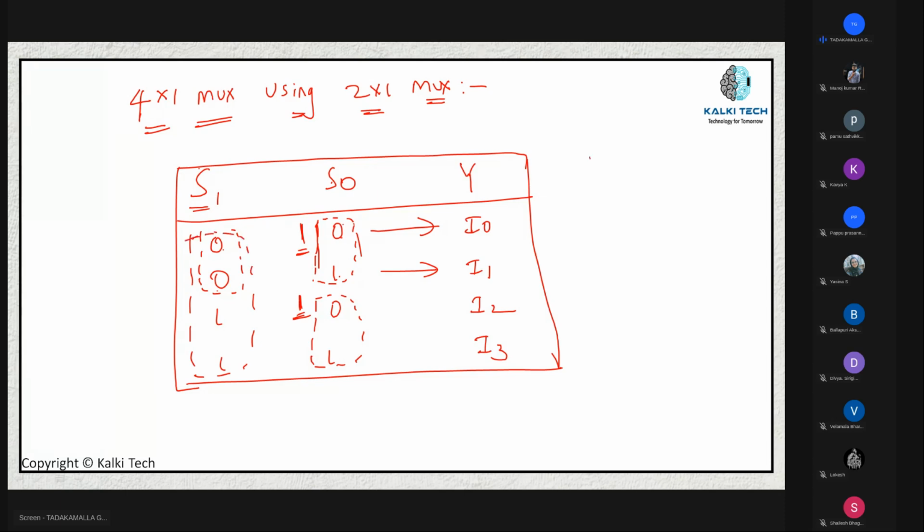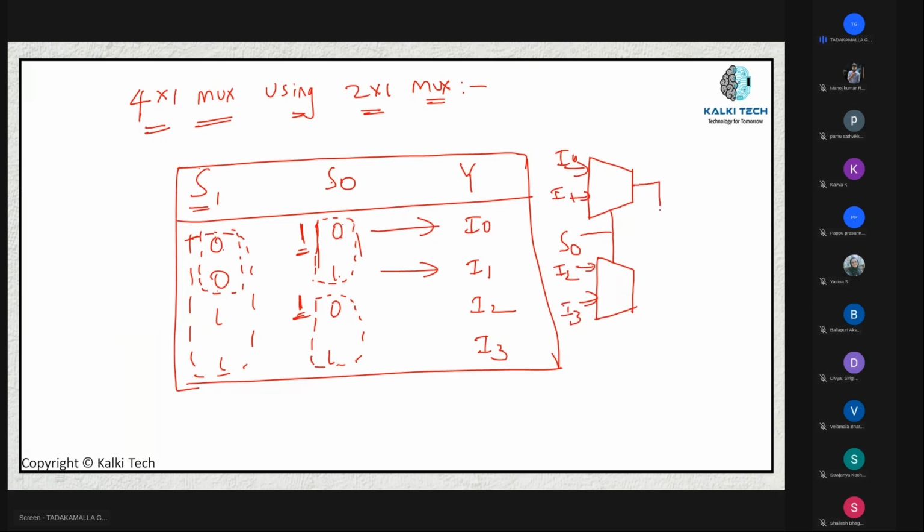That means you can connect S0 to two multiplexers. So like this, this is your S0, and this is your I0, and this is I1, and this is I2, and this is I3.